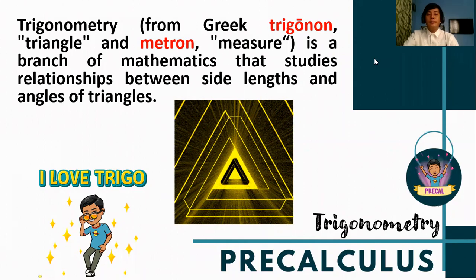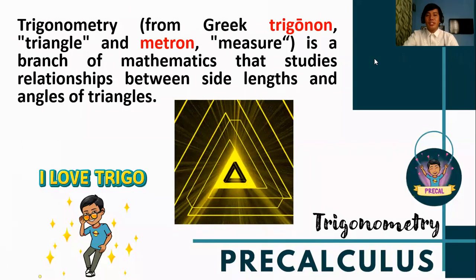So a lot of people think that trigonometry is the study of right triangles only. Actually, it is not, because trigonometry is also the study of oblique triangles. It can also be the study of the triangles inscribed in a circle. So many of you might be confused that trigonometry is composed only of triangles.